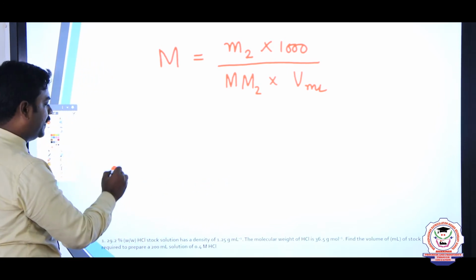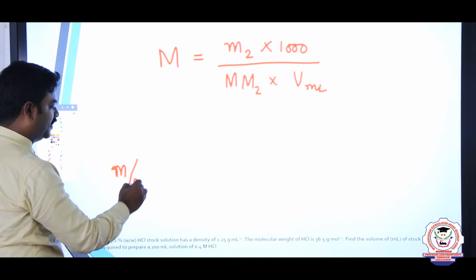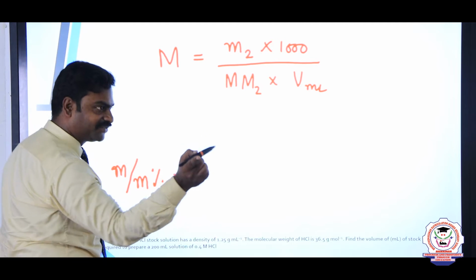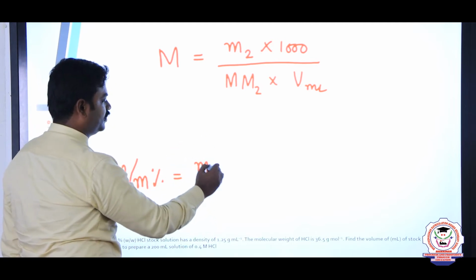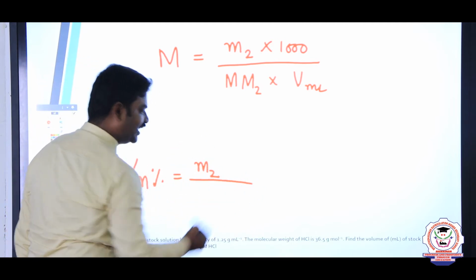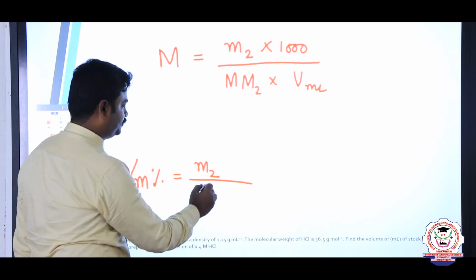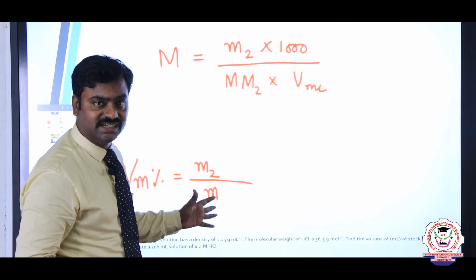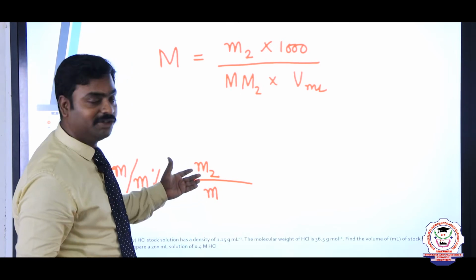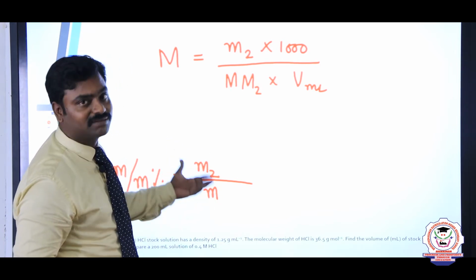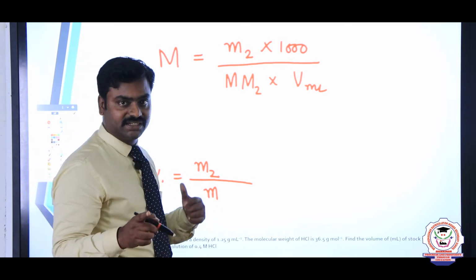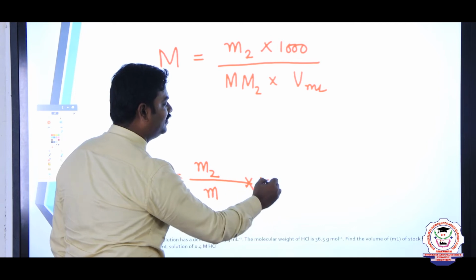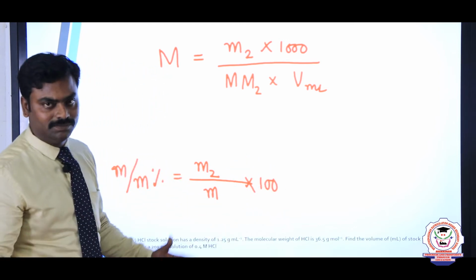That is mass by mass percentage, equal to mass of the solute M2 divided by mass of the solution. Both are mentioned here in grams. Mass of the solute in gram, mass of the solution in gram, and we have to convert it into percentage. So we have to multiply the values with 100, then it will be converted into percentage.